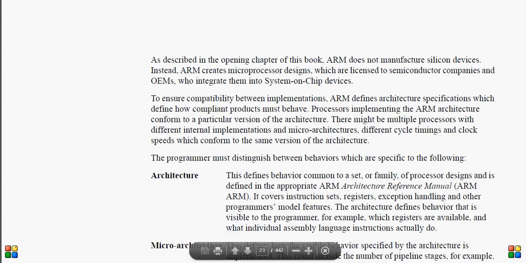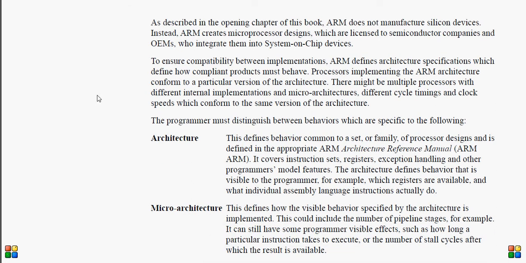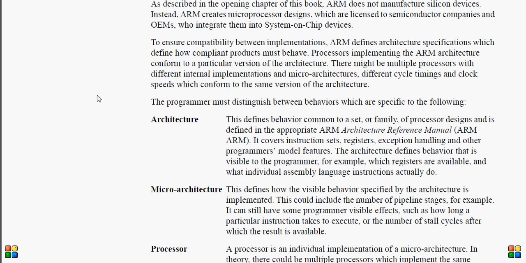ARM defines its architecture specifications which define how compliant products behave. There may be multiple processors with different internal implementations and microarchitectures, which may have different cycle timings and clock speed, which conform to the same version of the architecture.